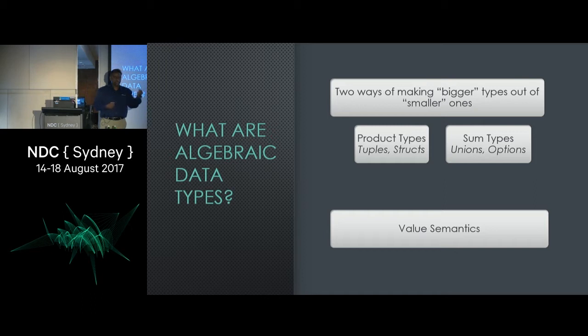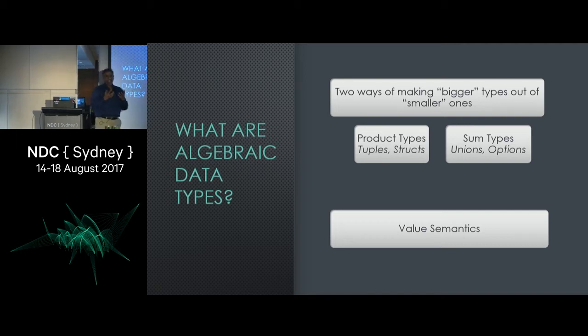So if I have byte and character and I put two of them together, well, my composite type will have all the possible bytes multiplied by all the possible characters. That's the cardinality that I would get, right? And in some sense, we're very familiar with this because this is really the only sort of type composition that C# and Java kind of encourage. It's basically structs of some kind.